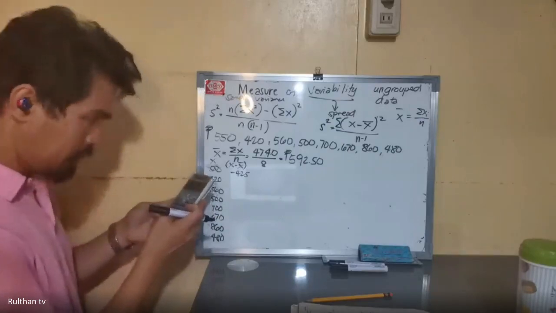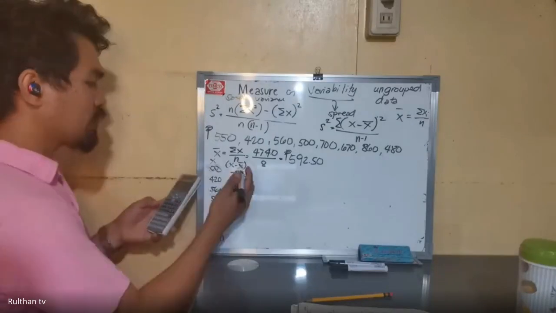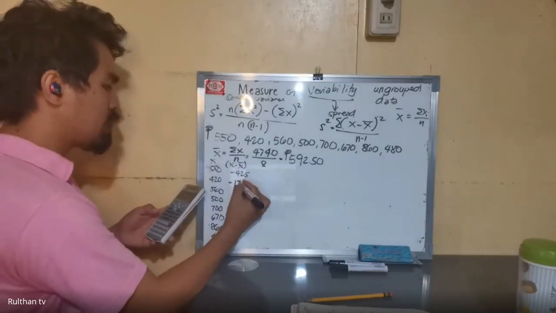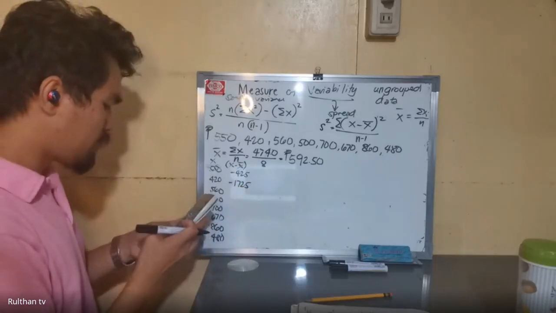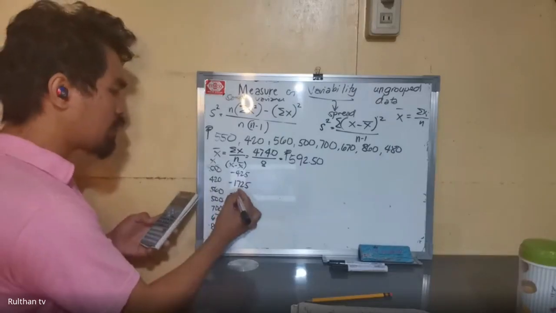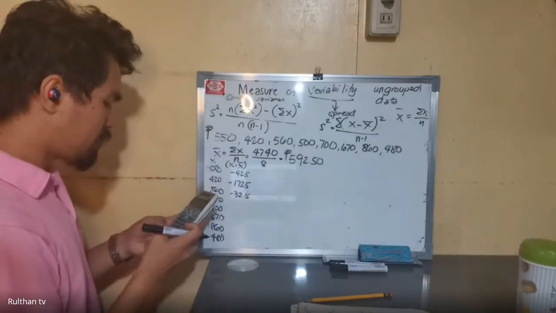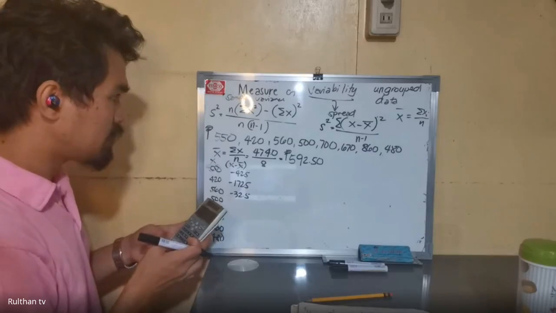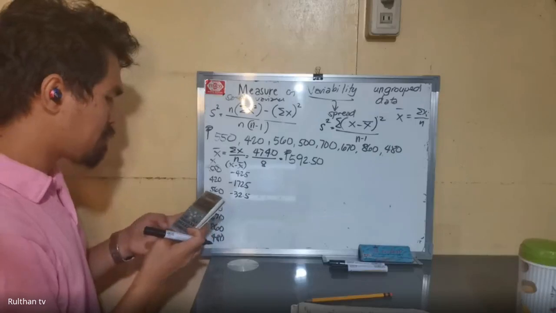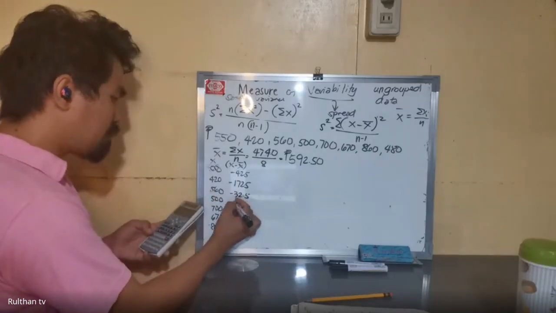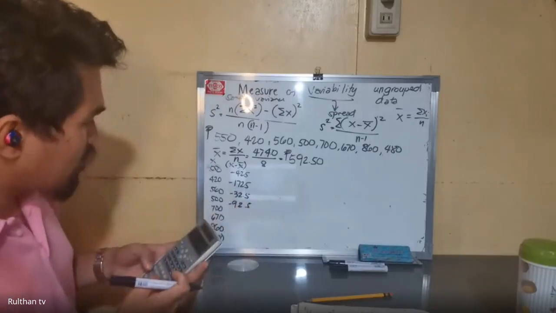Next, 420 minus 592.5 is negative 172.5. Then 560 minus 592.5 is negative 32.5. Then 500 minus 592.5. Kindly follow me and double check if my values here are correct, so that we will not keep on repeating later on.